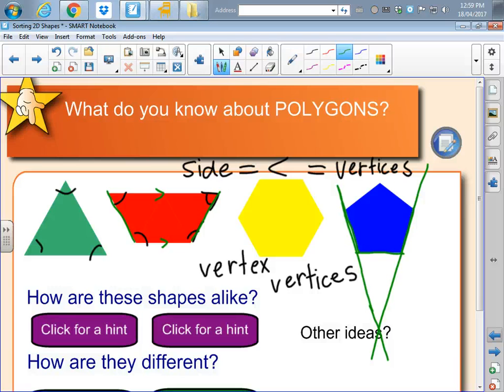Which sides in the hexagon are parallel? The top and the bottom, so I can mark that. They're parallel. This is parallel to that. Are there any other parallel lines in the hexagon? Lucy?